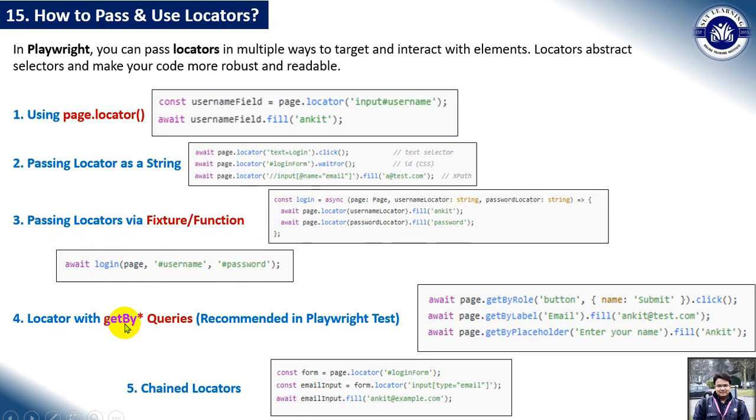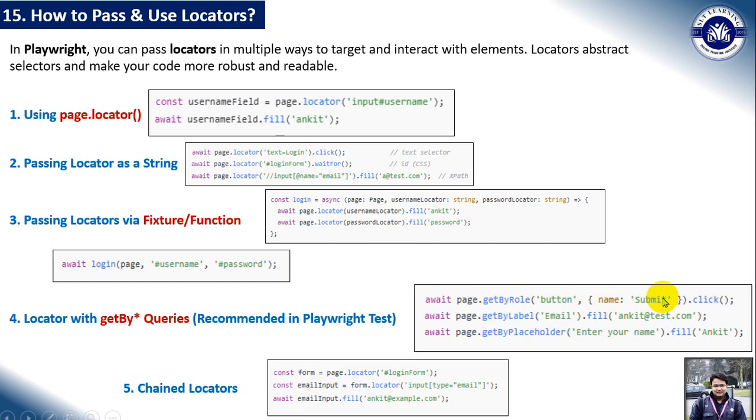Locator with getByRole, getByLabel, getByPlaceholder, this is a unique way, and this is something we recommend using in Playwright. It is always easy to locate the specific element on a web page. So getByRole means you can find the button with the role of submit.